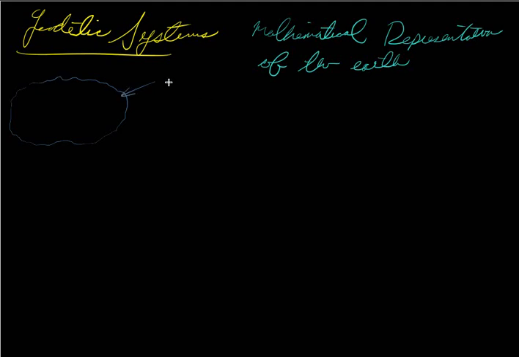So this is Earth. And Earth is, as you can see, it's really hard to define this shape mathematically, right? I mean, there's no real geometric shape that defines that.